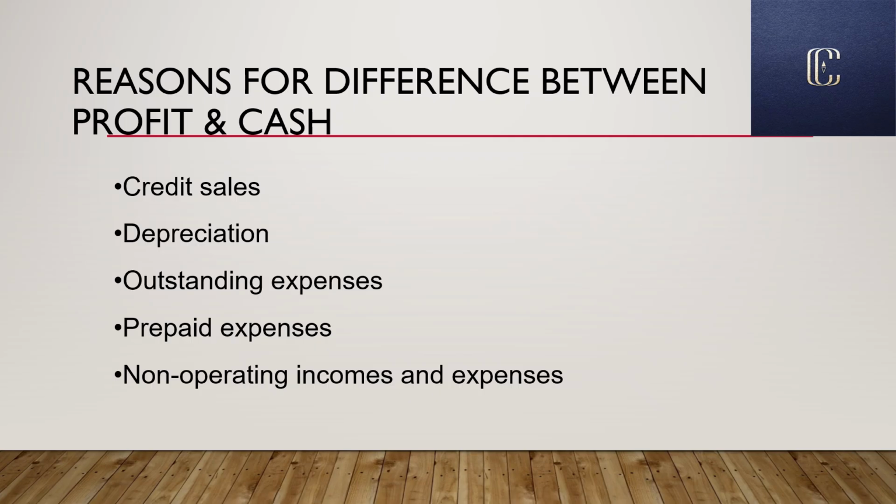There are five main reasons why profit and cash differ. They are credit sales, depreciation, outstanding expenses, prepaid expenses, and non operating income and expenses. Let's understand each one simply.